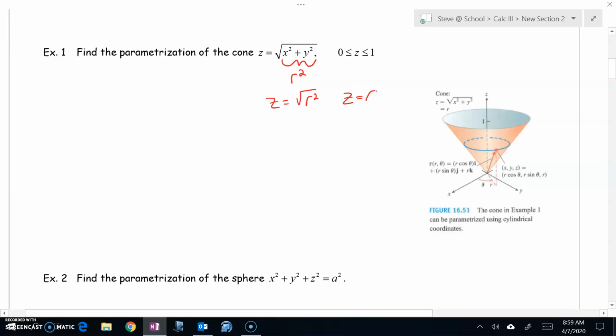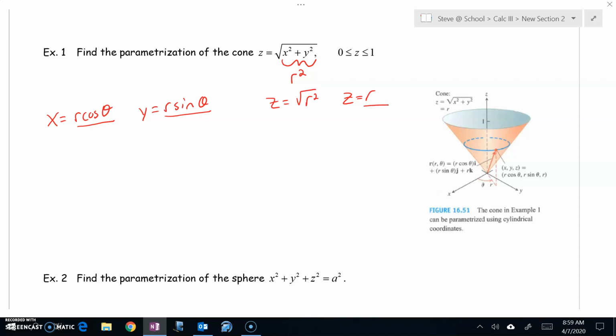And luckily in polar we know, and we can just say, that x is equal to r cosine theta, and that y is equal to r sine theta. So now if you look at this, we have x in terms of r and theta, y in terms of r and theta, z in terms of r. There's no theta, but that doesn't matter. Notice how we have now gotten x, y, and z in terms of 2 variables just by using polar conversions.